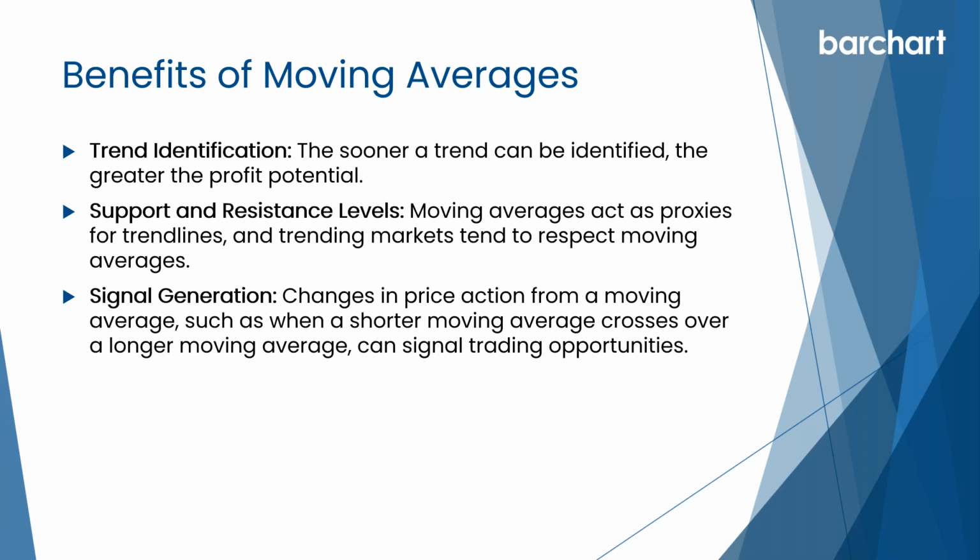And the shorter moving average alerts of changes to come. The crossover of the shorter from the larger generates the signal of that change. And price action above or below both moving averages confirms the new trend.